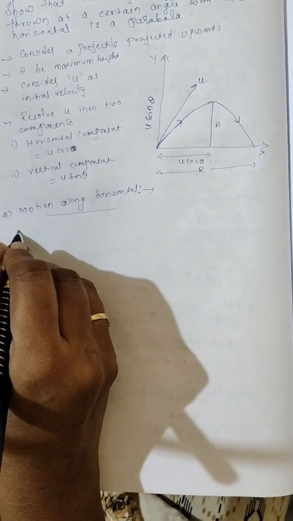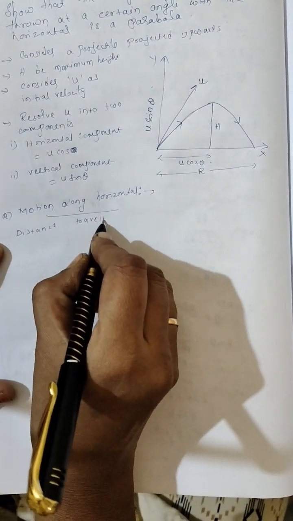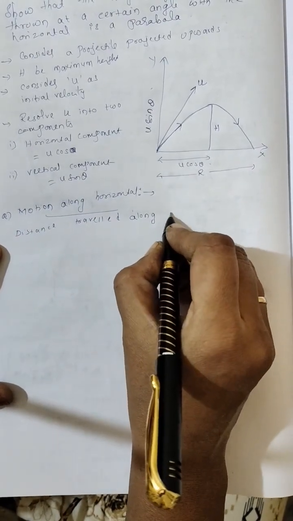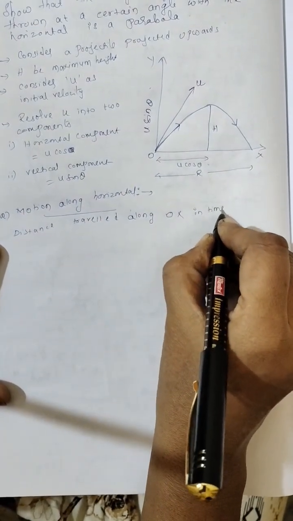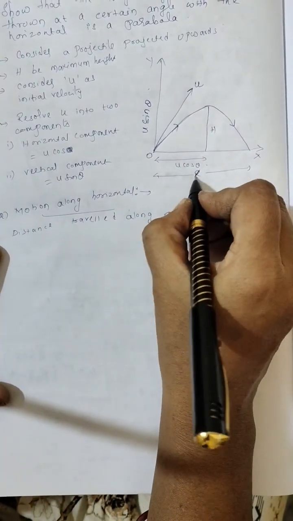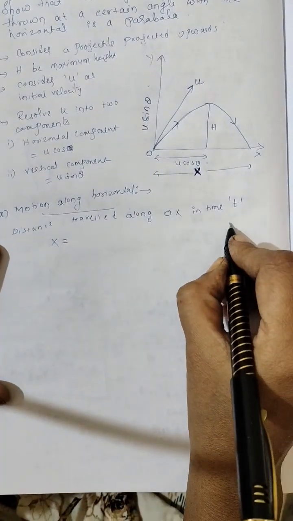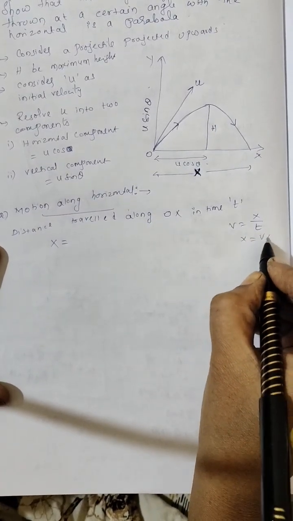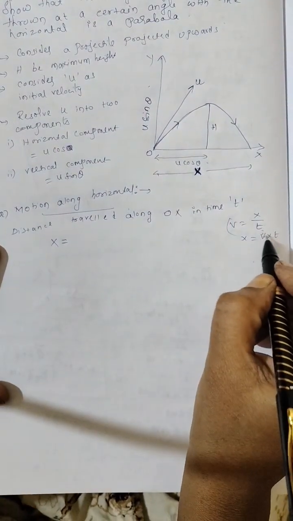So first let us write the distance travelled by the projectile along OX in time t. What is the formula for distance travelled? Instead of R, I am keeping x. Velocity means distance by time, displacement by time. So distance becomes velocity into time. No need of writing this in the exam, just for your idea.